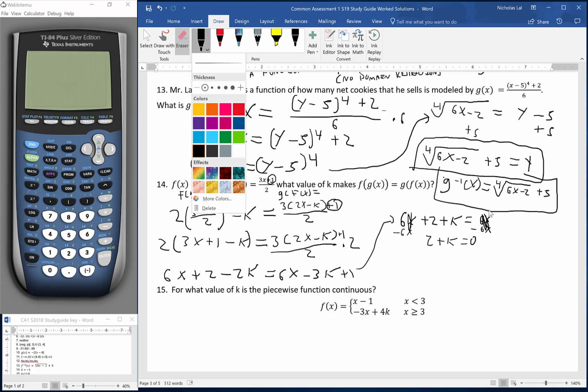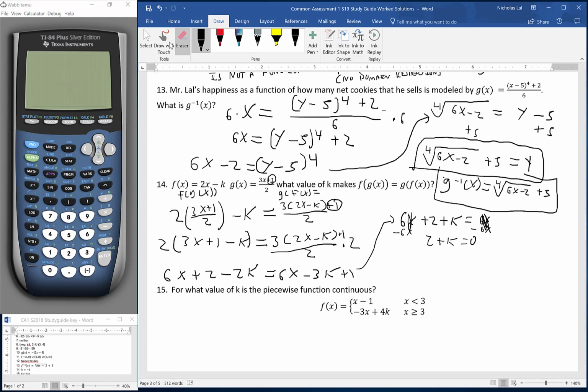This will be equal to 6x plus 1, which means 2 plus k will be equal to 1. Which means I subtract 2 on each side, and k will be equal to 1 minus 2, which is negative 1. So k will be equal to negative 1 here.